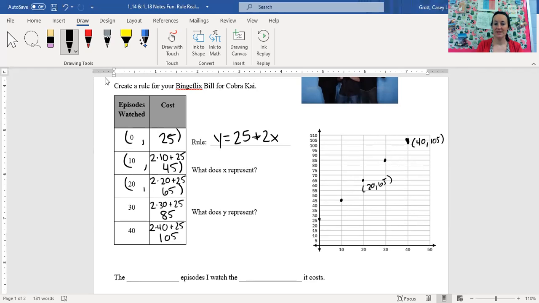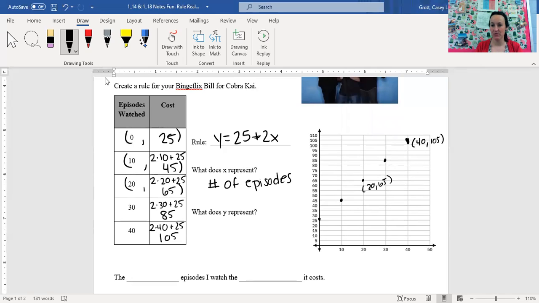What does the x represent? Why are we doing this 2 times x? What is x representing here? The number of episodes, because we have to do 2 times every episode. So x is the number of episodes. If this is the number of episodes, what is y representing? You might just be thinking it's cost.